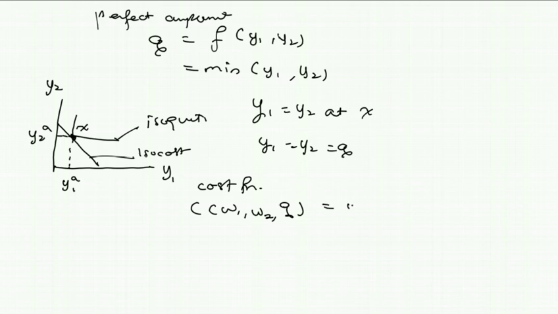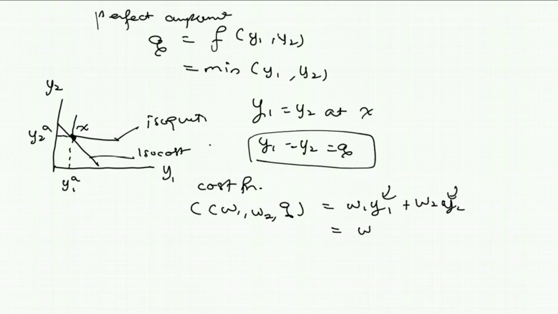And then we know that w1 multiplied by y1, w2 multiplied by y2, sum both of them. Because y1 equals y2 equals q, that's the constraint at this point, we just substitute with q, w2 also with q. You simplify it even further, factorize it, because the common factor now is q. Now we have this cost function. So that's it. Now this is the perfect complement example.